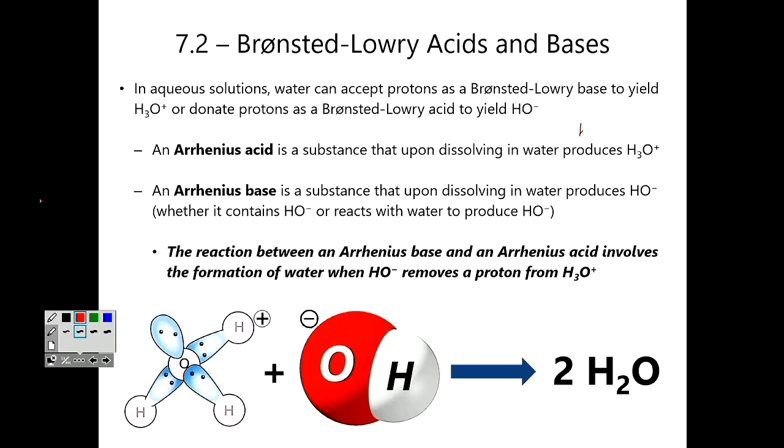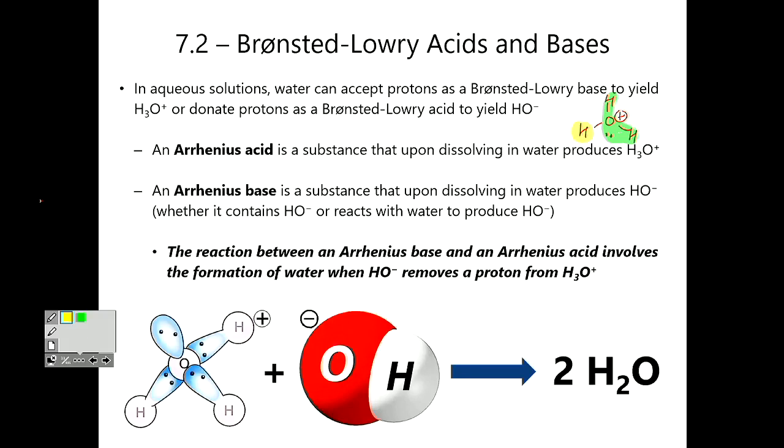So if you were to draw the Lewis structure of hydronium, it looks like this. There's a plus charge on the oxygen. And if you realize, what is in fact hydronium? Hydronium is a water molecule that has picked up a proton. Okay?